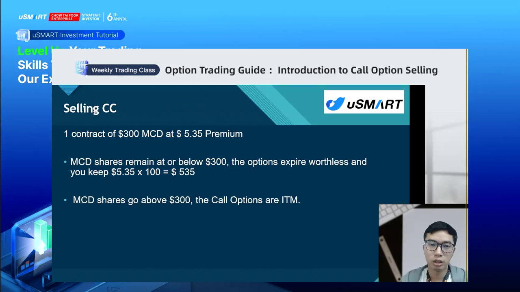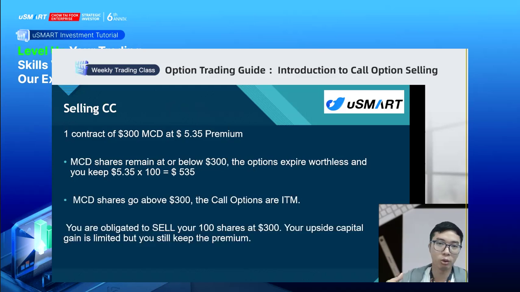If it is in the money, we have to sell when it expires. We are obligated to sell our 100 shares at $300, and our capital gain is limited since we kept it at $300. But we earn the premium.